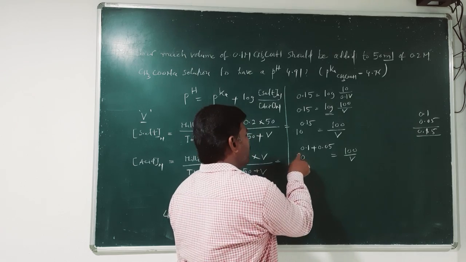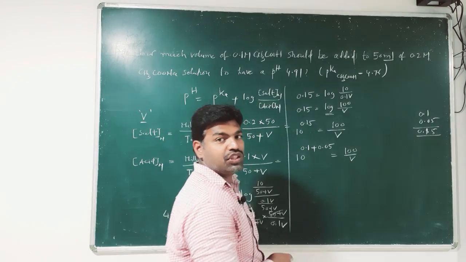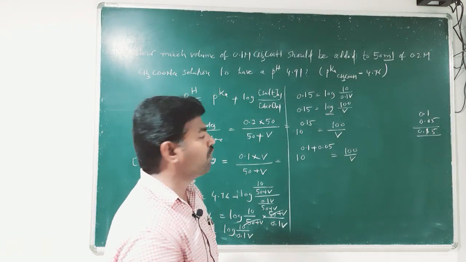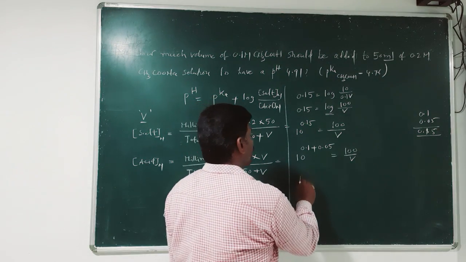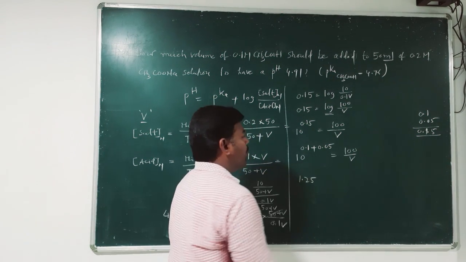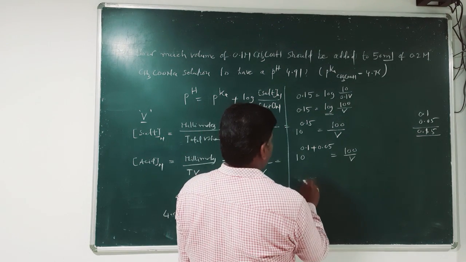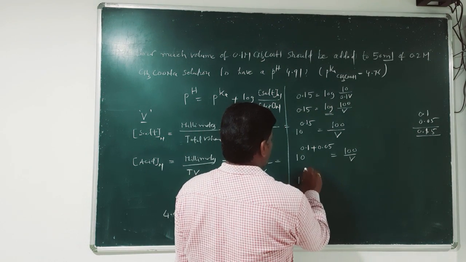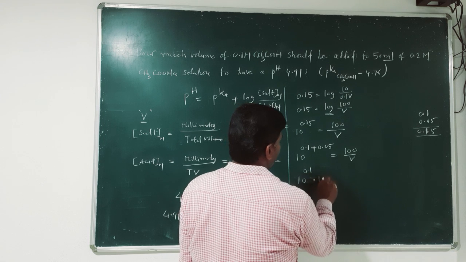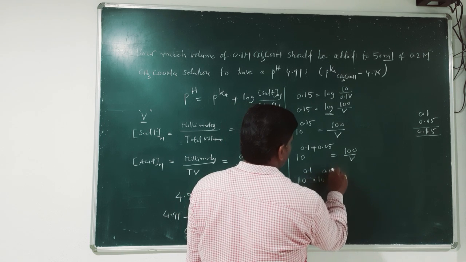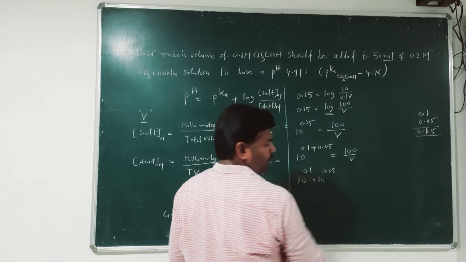Sorry, it can be written as 10 power 0.1 into 10 power 0.05, m plus n, m into n.